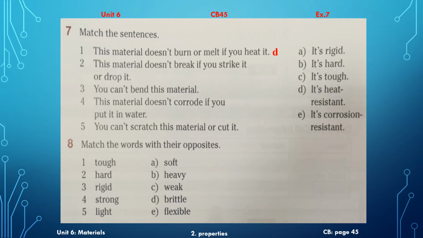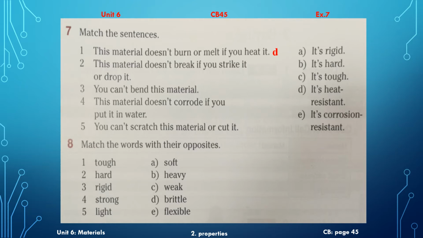Why? Because it's heat resistant, so it doesn't burn or melt if you heat it. This spark plug is inside the engine, so it doesn't burn or melt if you heat it.